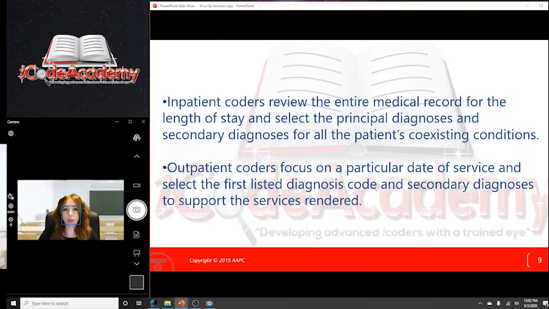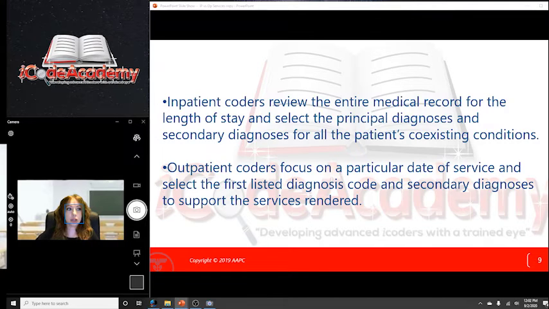Outpatient coders are focusing on one particular date of service. They're going to select the first listed diagnosis code and then any secondary diagnoses. But again, please keep in mind the difference between what type of diagnoses we're picking up in inpatient and outpatient.